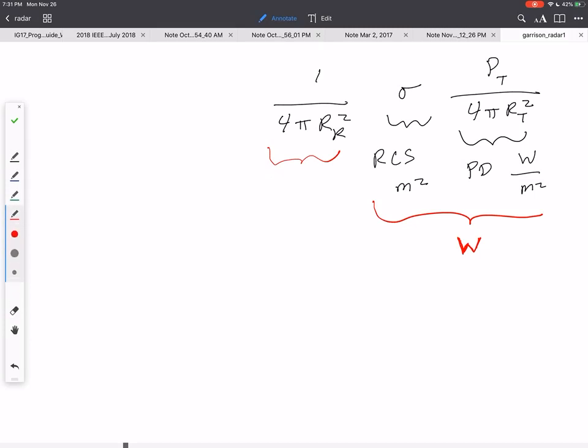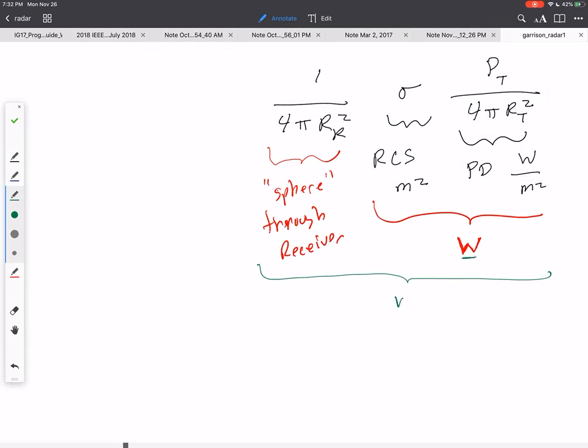Sorry, my pen is not writing clearly. So the product of all of these now, power, watts per unit area, is my power density at the receiver.